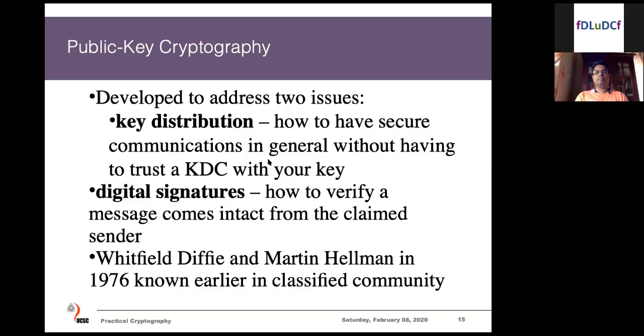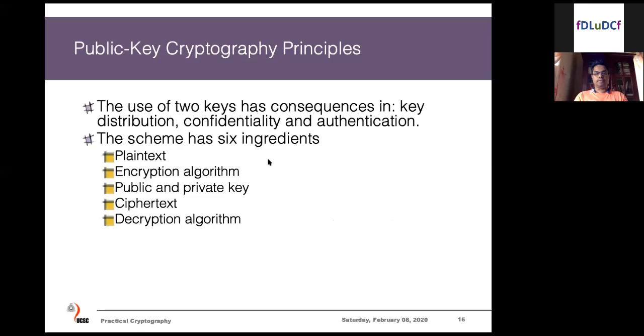When you use public key cryptography for authentication, it is called digital signatures. Digital signatures can be used to verify messages. There are several public key cryptographic protocols available. The main ingredients of a public key cryptography system are plain text, encryption algorithm, public and private key, ciphertext, and decryption algorithm.